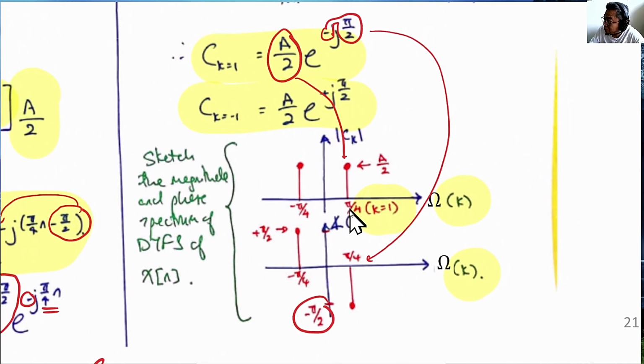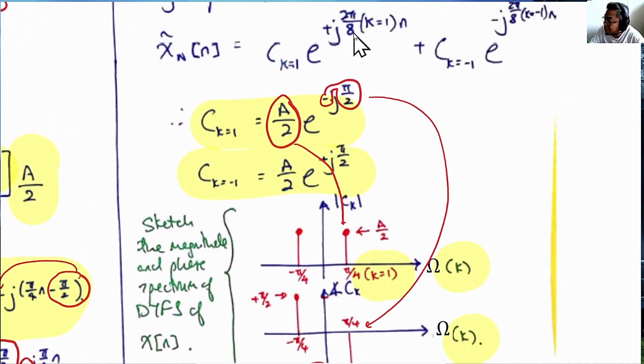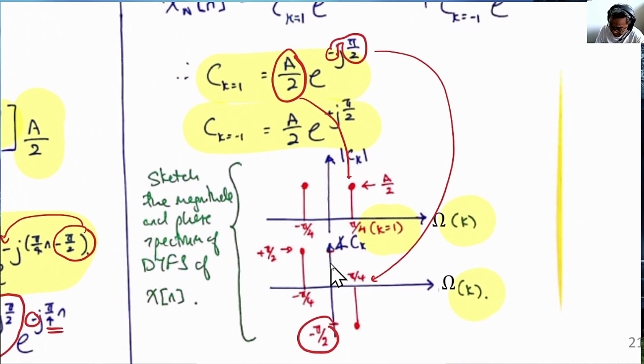Now, I also plot with respect to omega. Omega is the angular frequency. The angular frequency is at pi over 4. So, where k equals 1 is pi over 4. So k equals 1 is mapping to the angular frequency pi over 4.